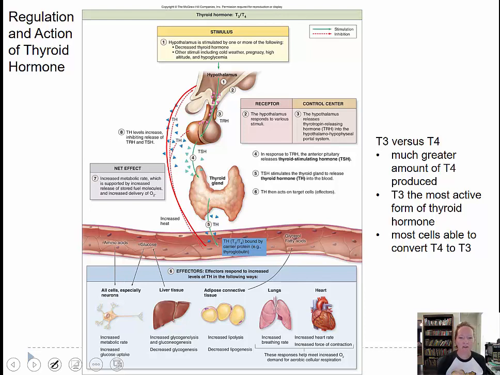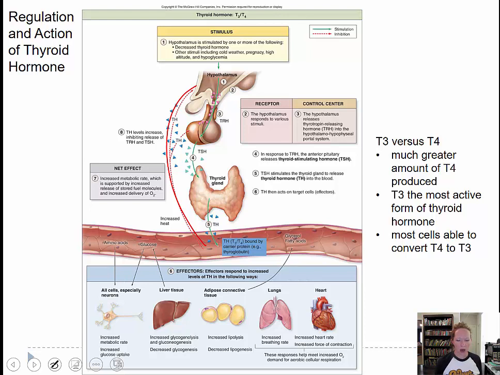That means they have to be bound to carrier proteins, transport proteins, to be moved around in the bloodstream. Once they find their target cells, they're going to be released. Let's take a look at their target cells and exactly what they do. Really, the main function of the thyroid hormone is to regulate metabolism, or metabolic rate.